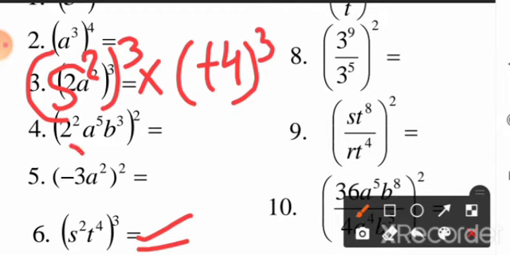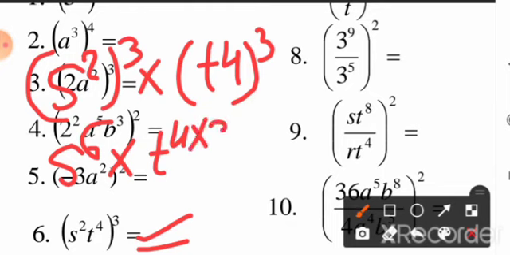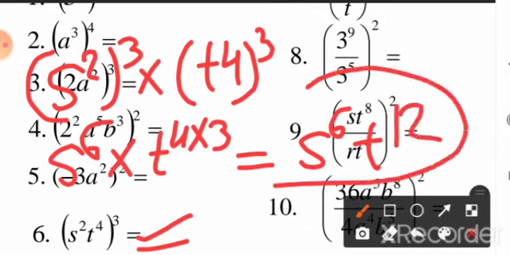So s power 2 into 3 is equal to 6, into t power 4 into 3 is equal to 12. So s power 6 into t power 12. It's the solution of question number 6.